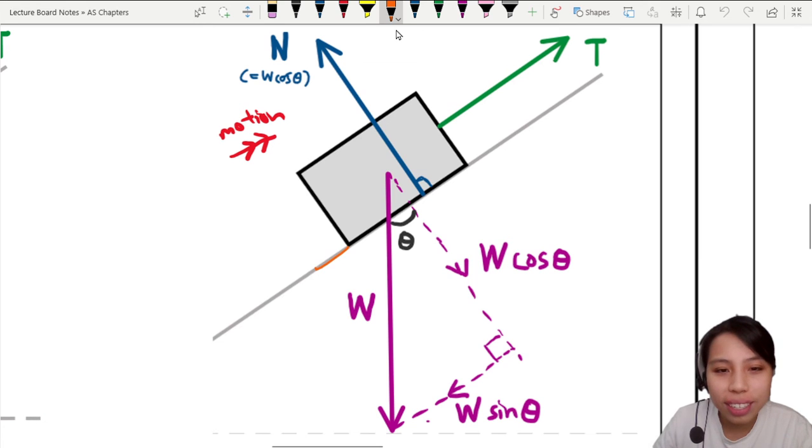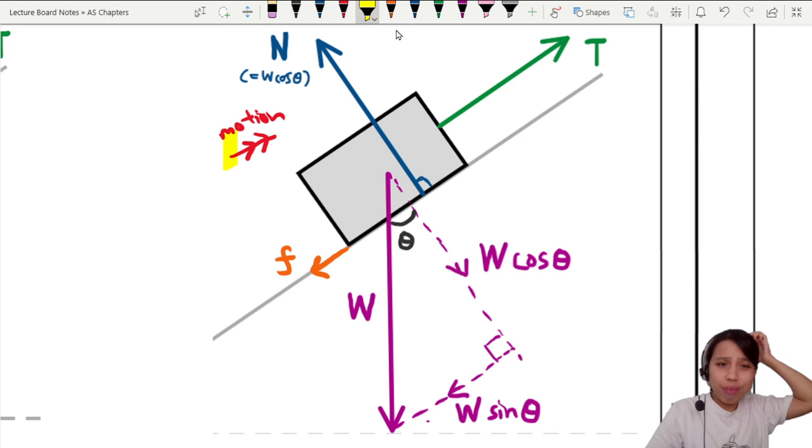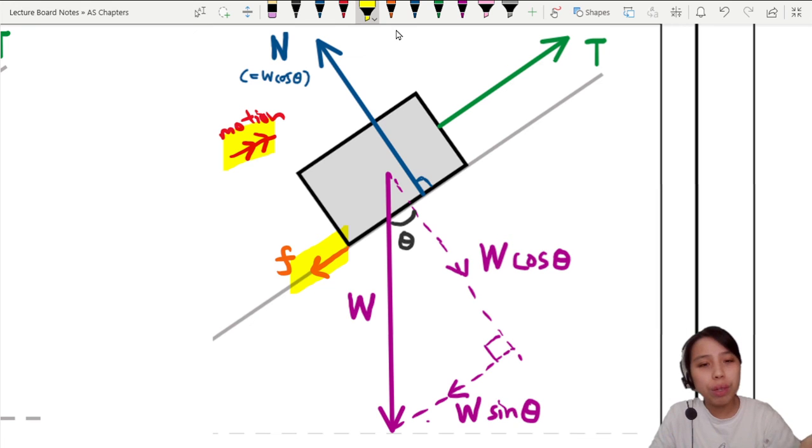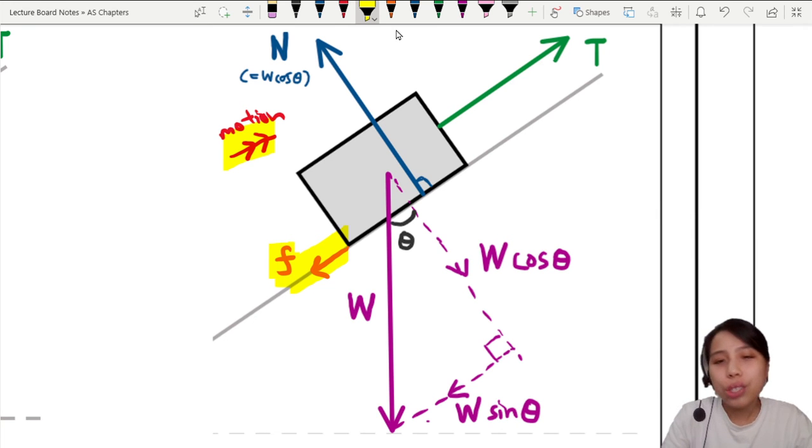So I'm going to draw this little f arrow here, and that is if the surface is rough, but it's still in the opposite direction. And this will generally be what you encounter the most.